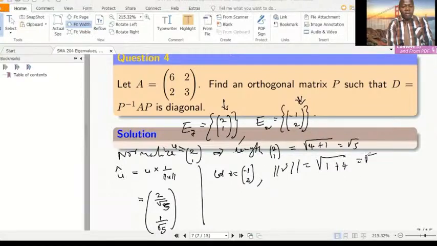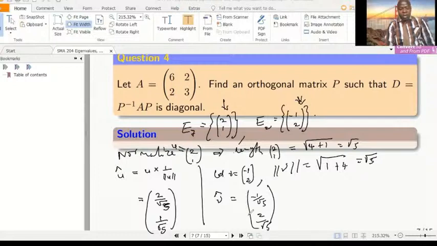And so again the length is root 5. So the normalized v will be negative 1 out of root 5 and 2 out of root 5. These are our normalized vectors.